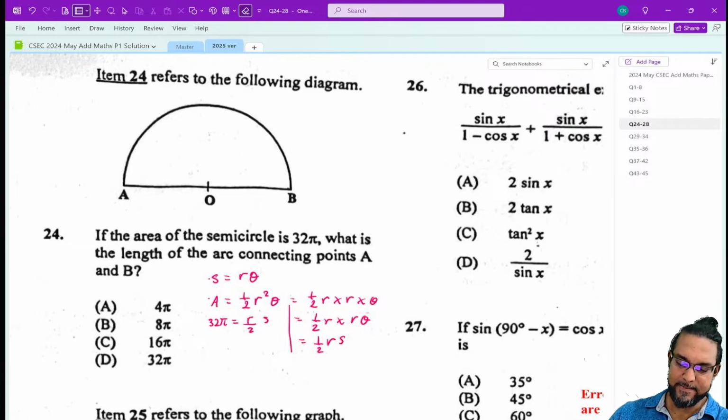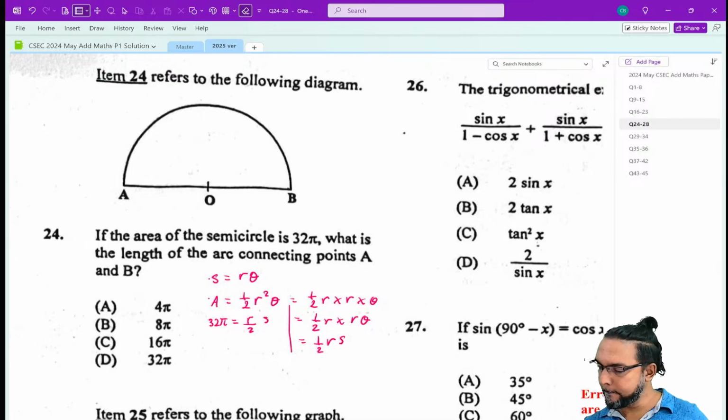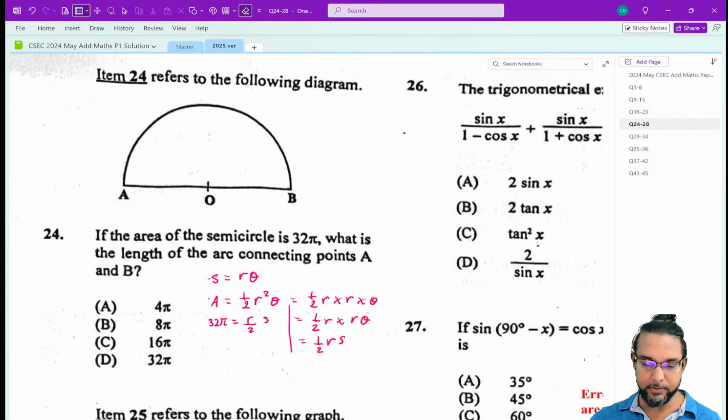Hold on. A half R squared. If the area is 32 pi, what is the length of, hold on. So a half R squared theta is just the area of the sector.